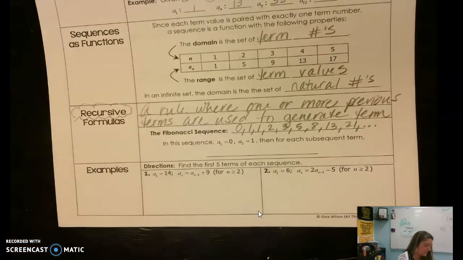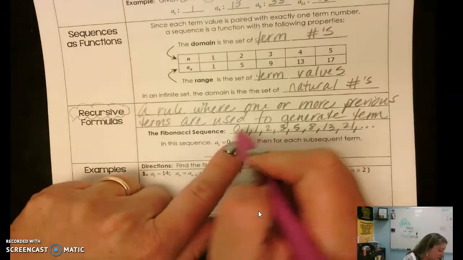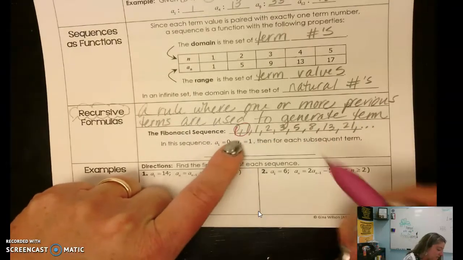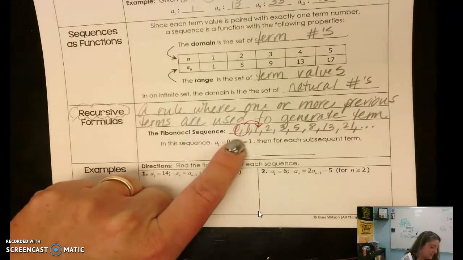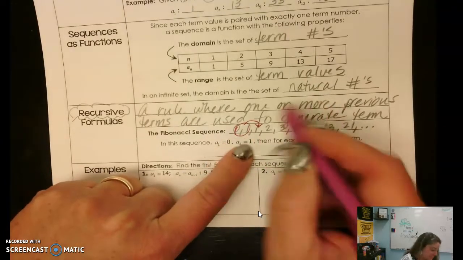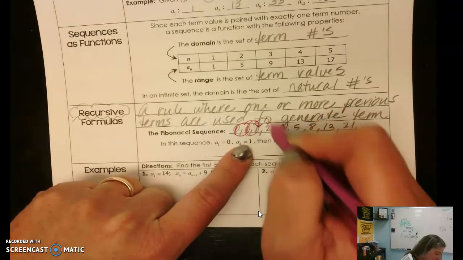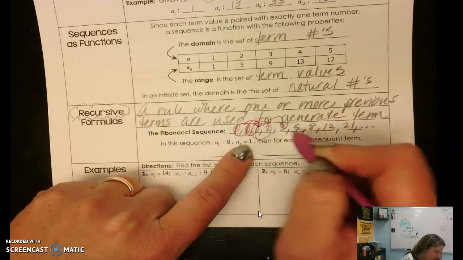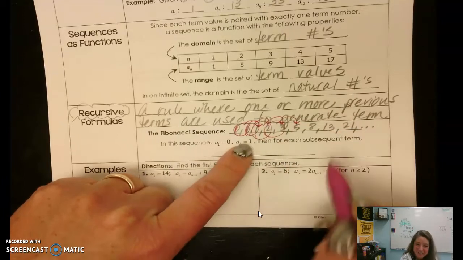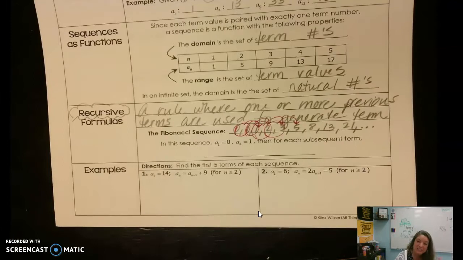This is a recursive formula because you use two numbers to get the next one. So 0 plus 1 is 1. 1 plus 1 is 2. 1 plus 2 is 3. 2 plus 3 is 5. So you're using those terms.